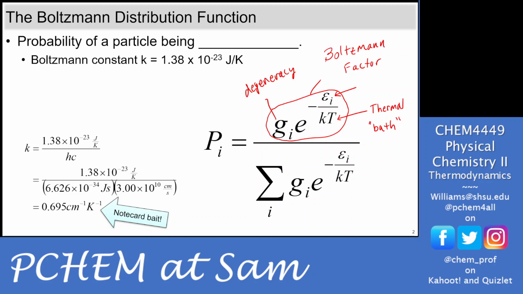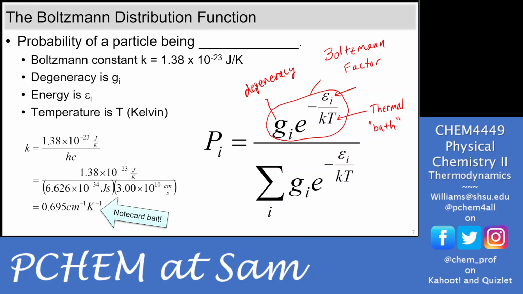You have a certain amount of energy in the system, and that can be distributed among all of the individual energy levels. Now we have Boltzmann's constant here, 1.38 times 10 to the negative 23rd. The degeneracy is g_i, the energy is E_i, and the temperature is T, and it's always in Kelvin. Always, always, always.